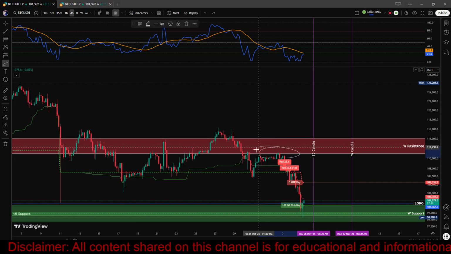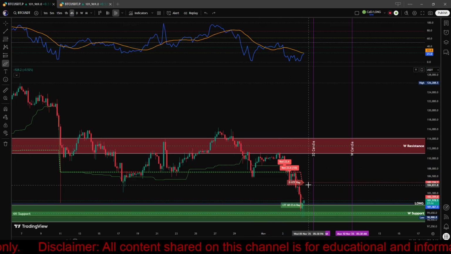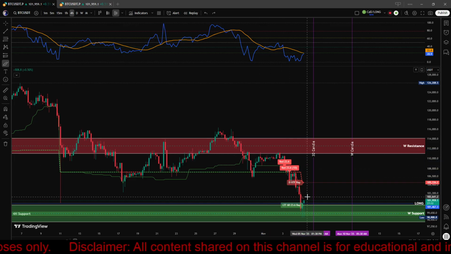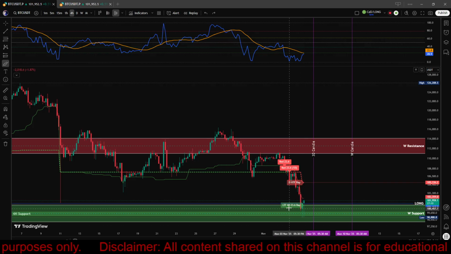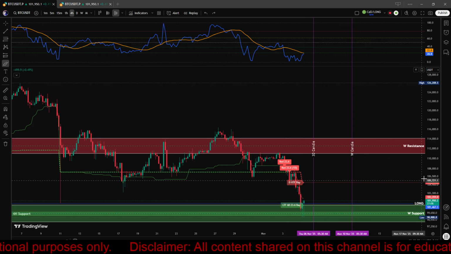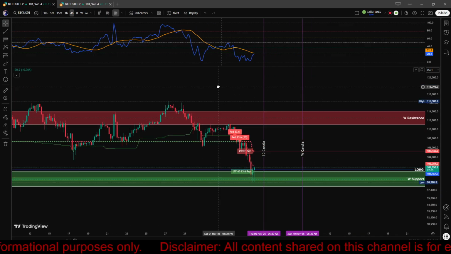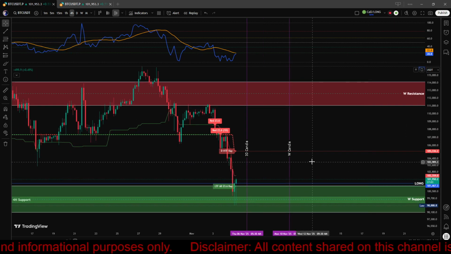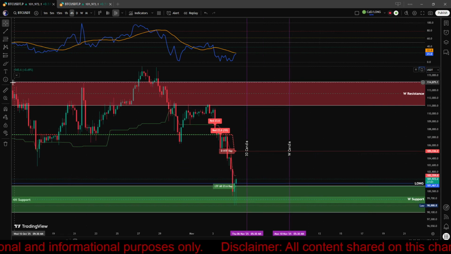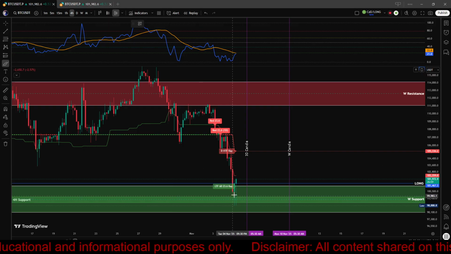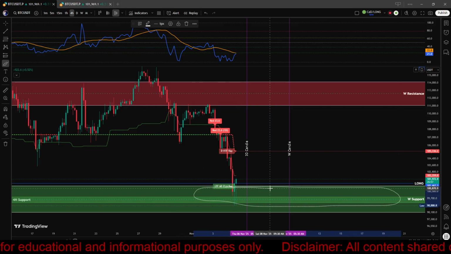At that time when the pressure for the downside was happening, which happened, now we are here, in this lower position, where the weekly time frame player, the buyers, are active here.